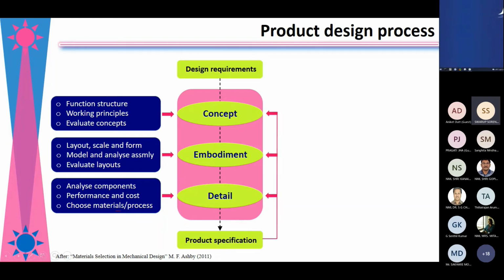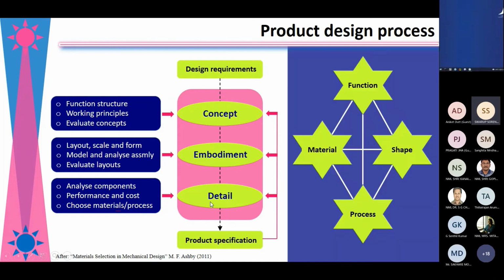And if you are not able to satisfy yourself with this product specification in the market, then again you go back to the concept and come back like this. And here the same thing, you have to define function, and for that function, the material will decide what function has to be performed, and then shape and process have to be determined, which are interrelated in nature.